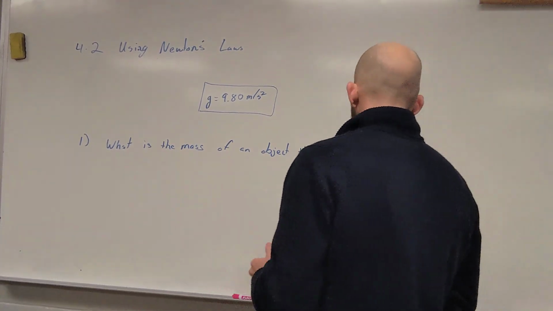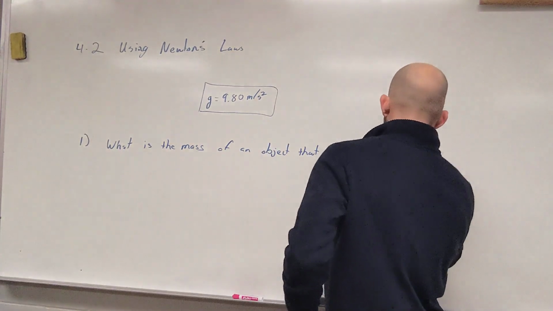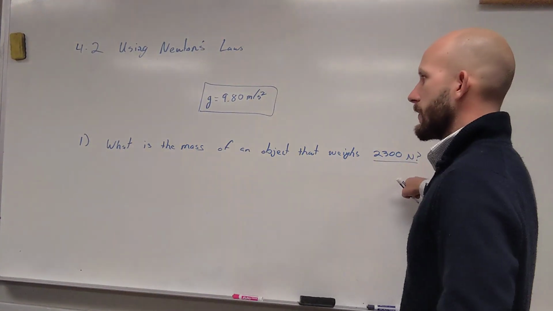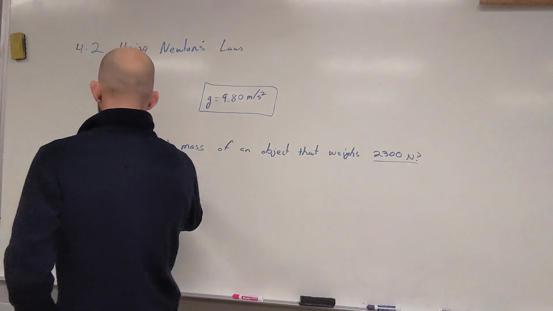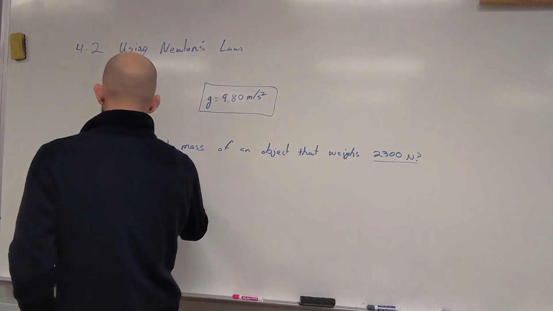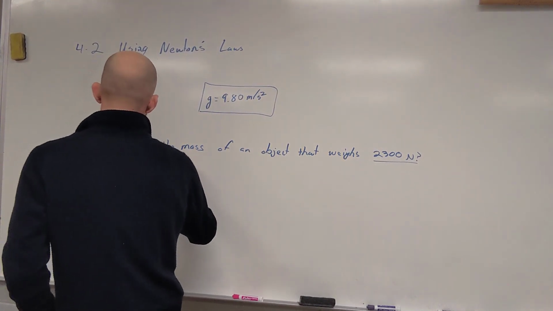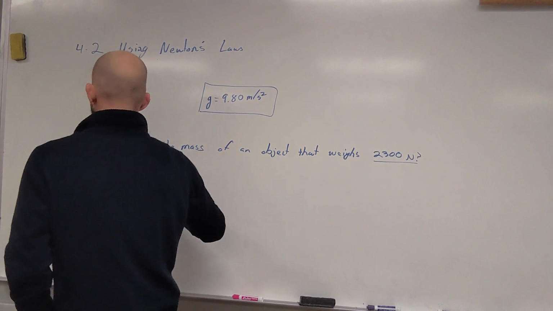How did we do that? First, we need to understand this 2,300 newtons is F sub g, and we're solving for the mass, and we know g is constant.